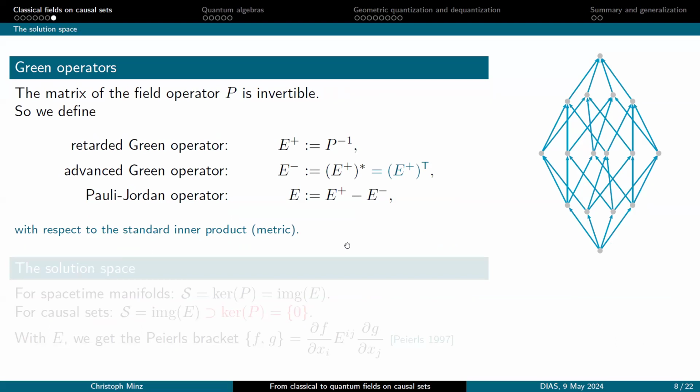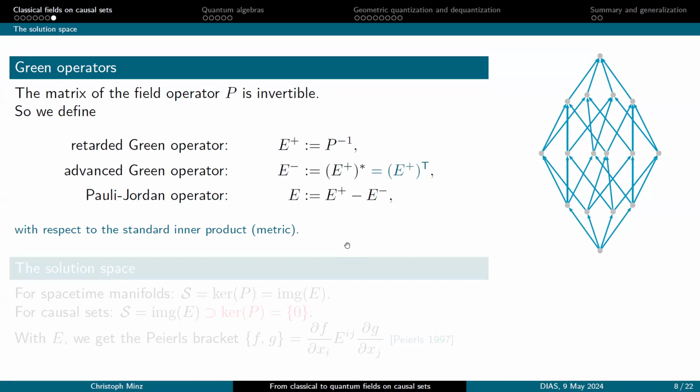So what's important there is that we now want to find solutions, general solutions first, to our field theory. And for that, we usually use the retarded and the advanced Green's operators. And for Causal sets in particular, we can define the retarded operator as just the inverse of this field operator.